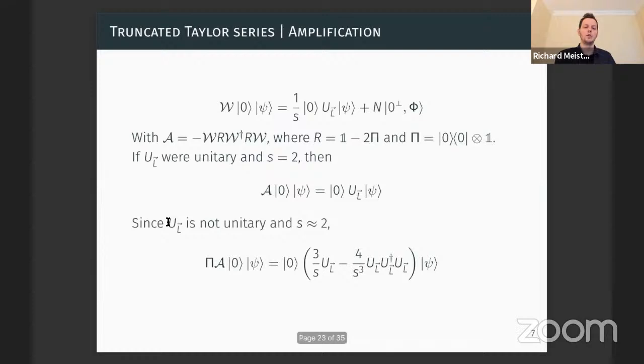So UL will only be close to a unitary. And then what we really apply with this operator is this object here. And if we want to know the accuracy of our method, we have to calculate the distance of this object to the exact time evolution operator.